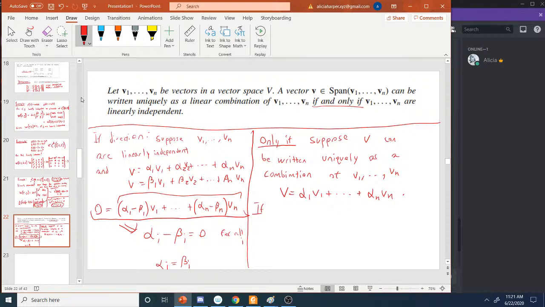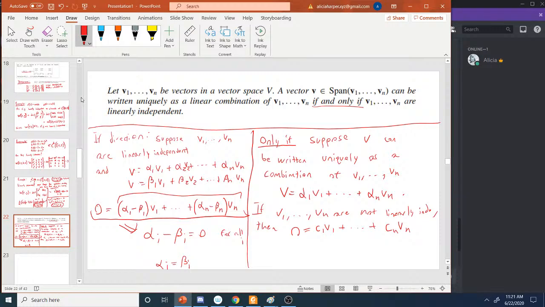If v1 through vn are not linearly independent, then we also get 0 is equal to c1 v1 plus and so on, plus cn times vn, where not all these ci's are equal to 0.